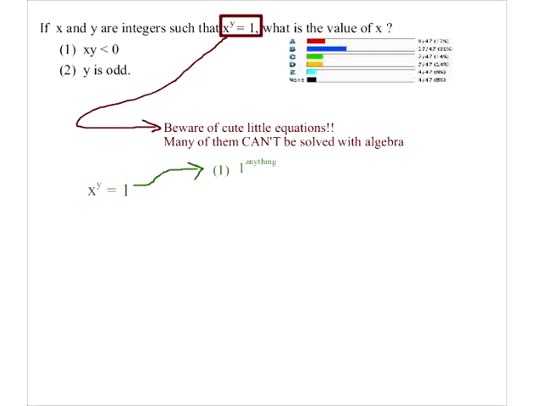So, in other words, x equals 1 and y equals any number. Since it has to be integers in the problem, we'll stick with integers. But if you raise 1 to any integer power, even like the negative 2,643rd power, then it's still 1. That's one way of doing that.